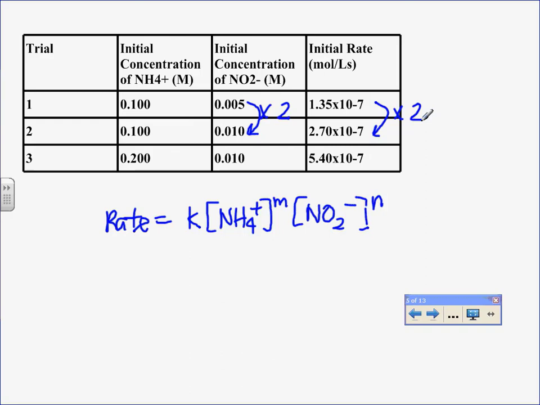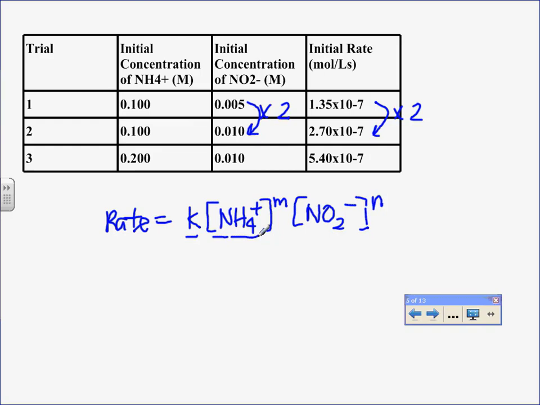If you're not sure, you can just take the 2.7 times 10 to the negative 7 and divide by 1.35 times 10 to the negative 7, and you'll see that it's double. So the constants in this situation are the k and the NH4+.